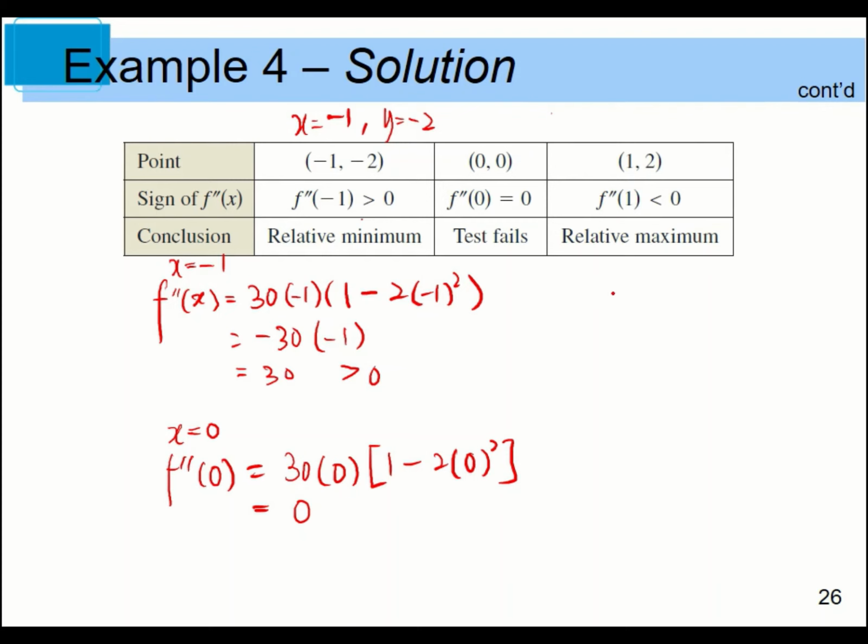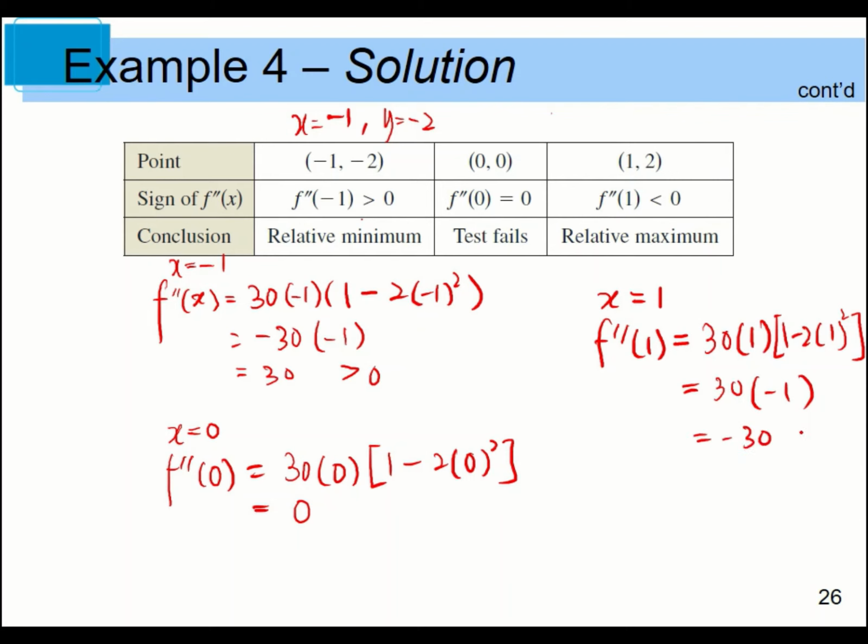However, we can move on to the third point, when x is 1. The second derivative will be 30 times 1 times (1 minus 2 times 1 squared), and this gives us 30 times negative 1, which is negative 30. So the second derivative is less than 0.